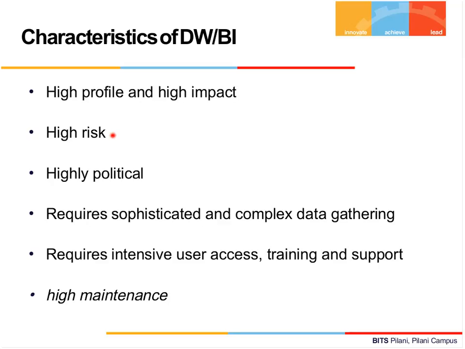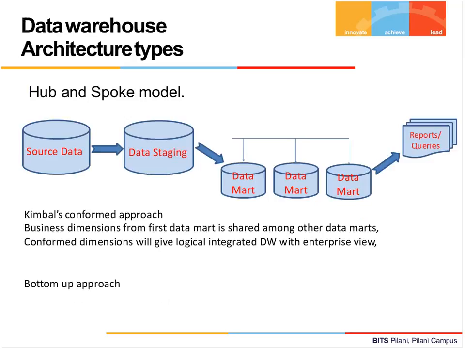There's always a risk because it is not a cheap product to build. Just by looking at some of these architectures, you might already be thinking about what will be involved, and in the next couple of slides we're going to see. You have OLTP system people supporting you. You have people working to extract and load. You have people managing the database aspects, people managing the design, and people creating reports.